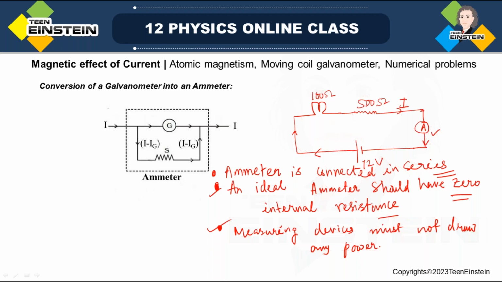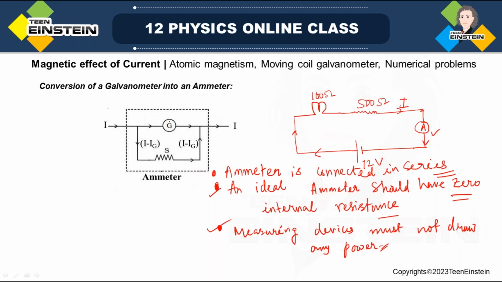To have that condition satisfied, the ammeter should ideally have zero internal resistance. But an ordinary galvanometer is sensitive, yet it has certain resistance.